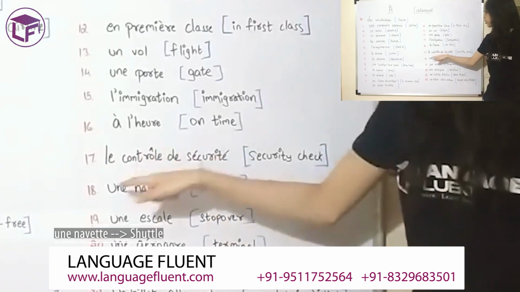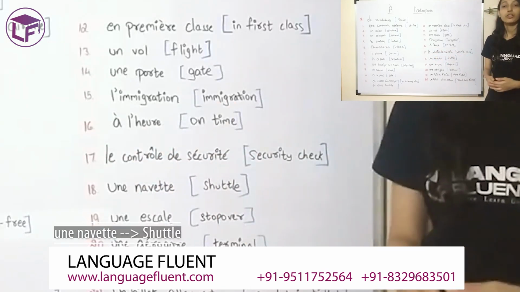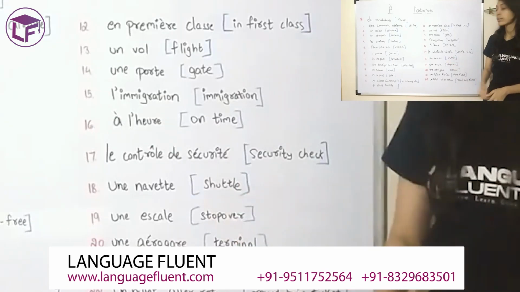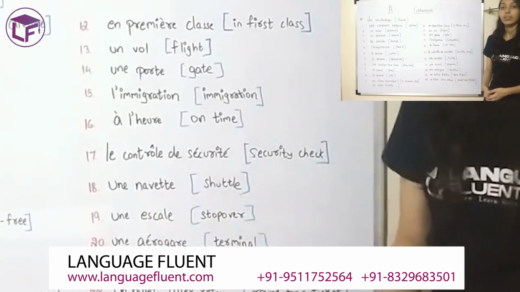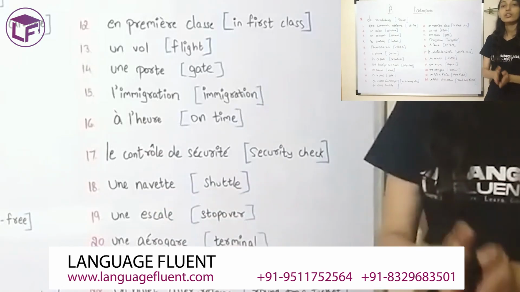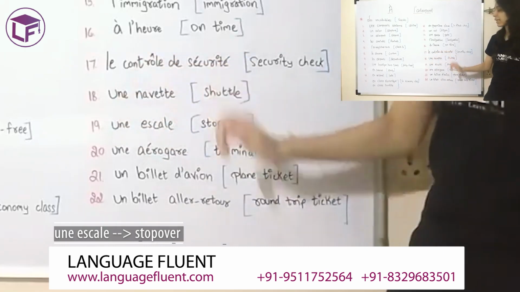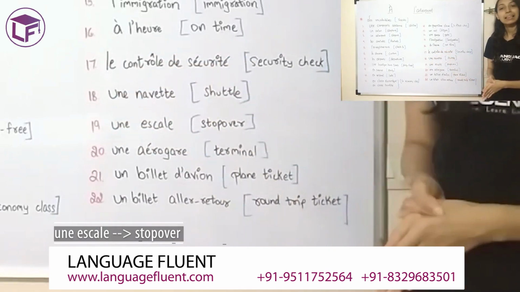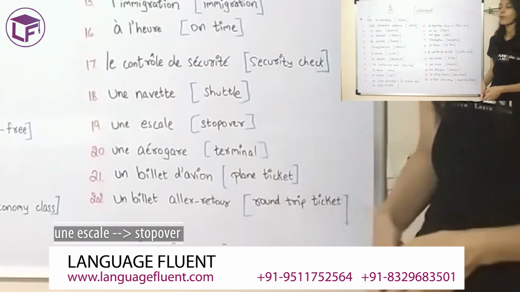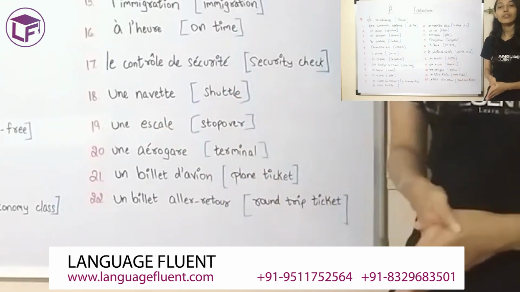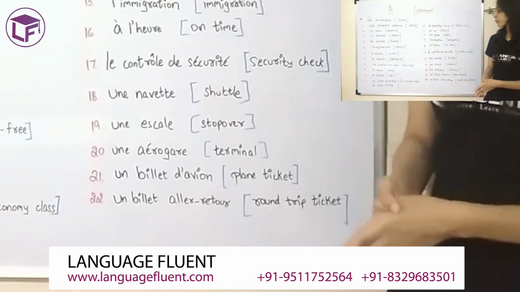Then we have une navette, which is shuttle. This is feminine, so we write une navette. Then we have une escale, which means stopover in English. Escale is feminine, so we write une escale.